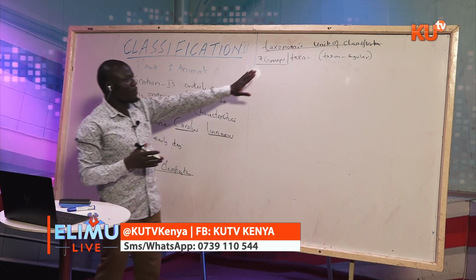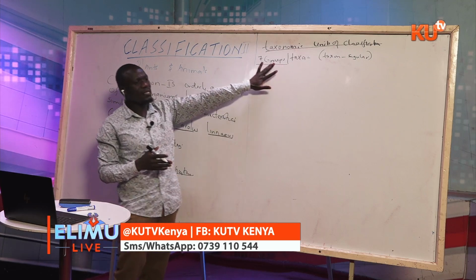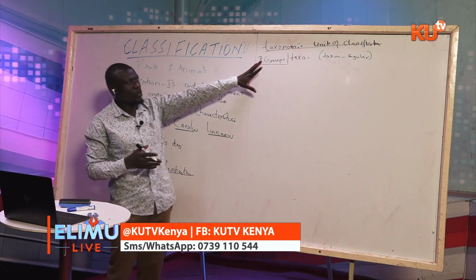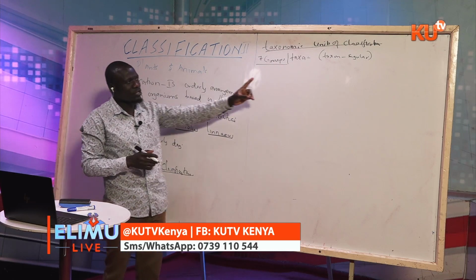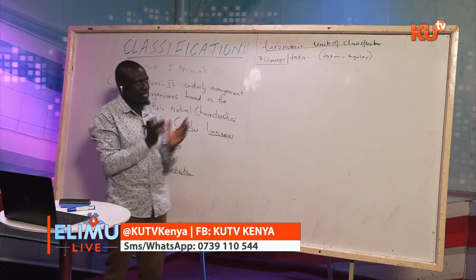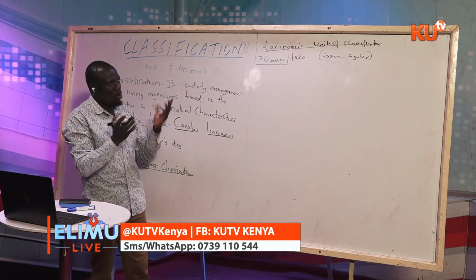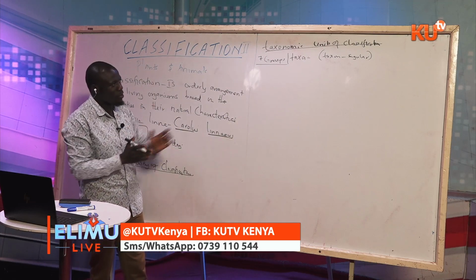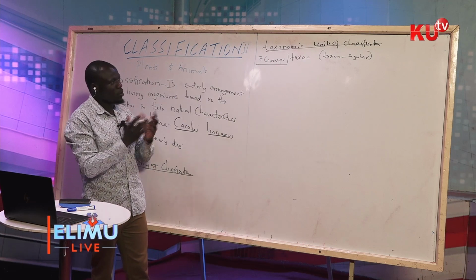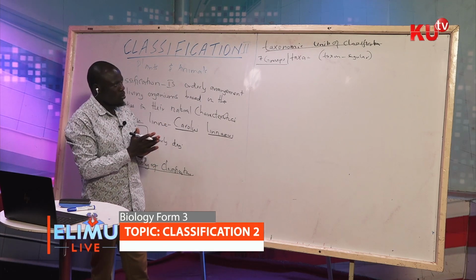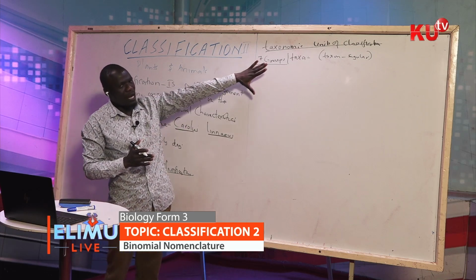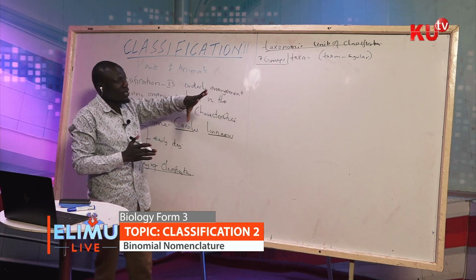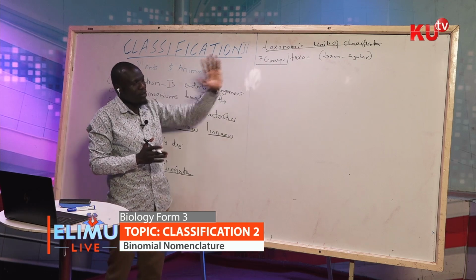I'm referring to the 7 groups. These 7 groups are going to help us in classifying these organisms based on their structural and physiological features. Based on these taxonomic units of classification, we should now know the 7 taxonomic groups, because even in Form 1 we were taught that there were 7 of them.